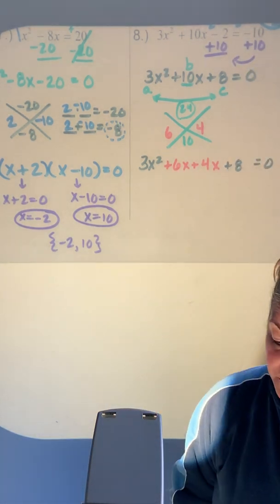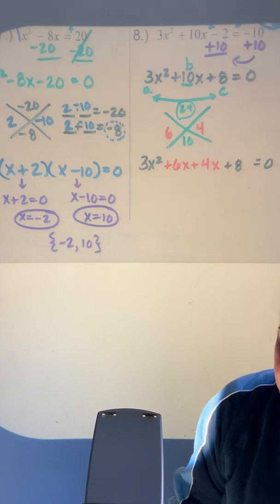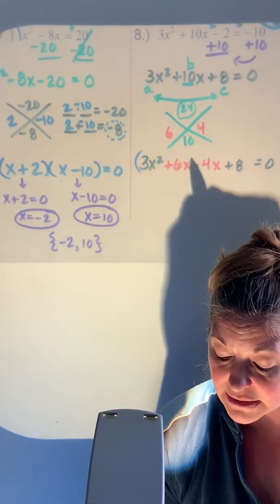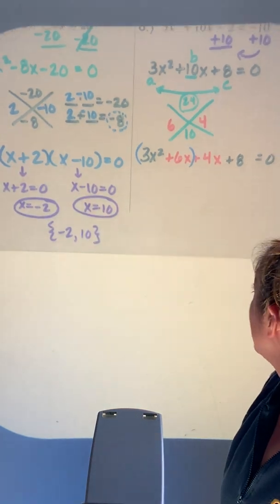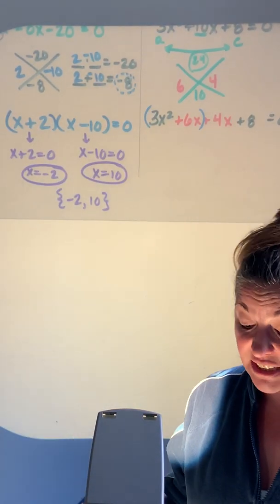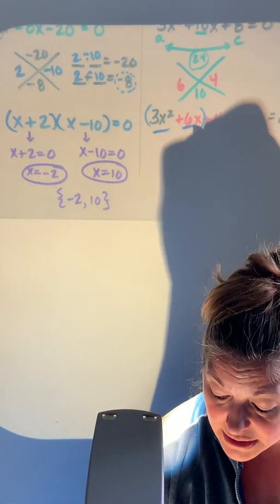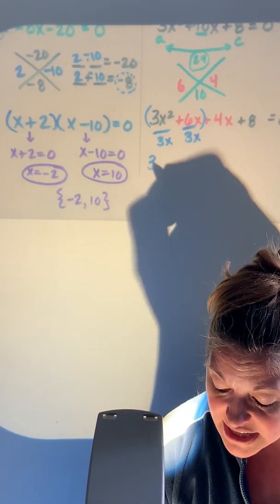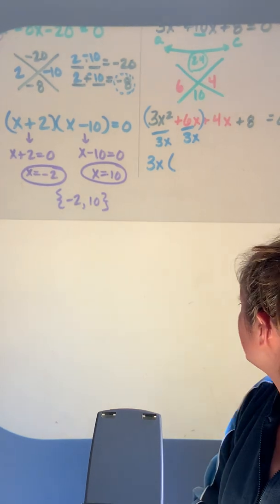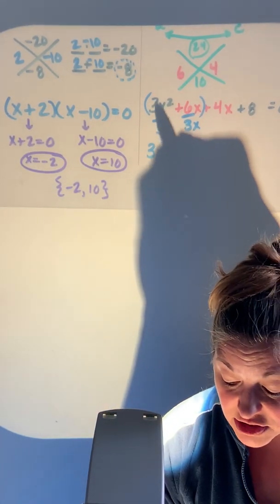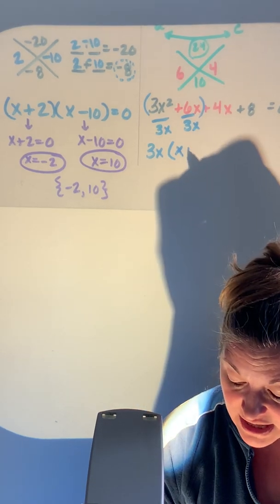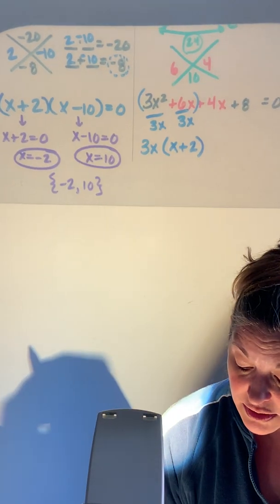Now we'll do our double grouping, so taking out the GCF of this first side here. Well, what they both have in common that can divide evenly into them is definitely a 3 and then an x. So that 3x comes out in front. When we divide it out, that'll just give us a 1x here, or just an x, and then plus 2.